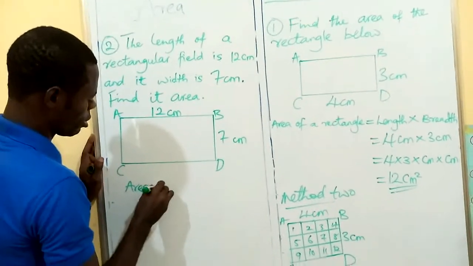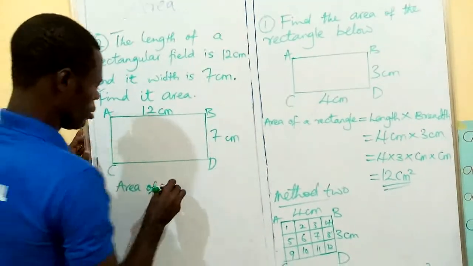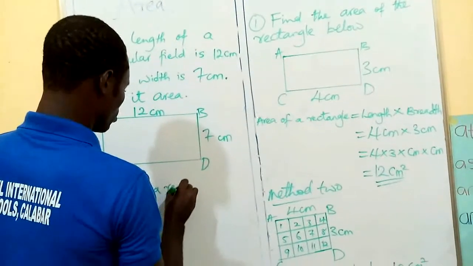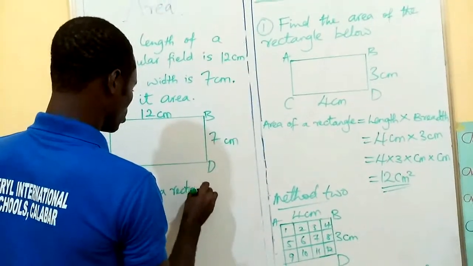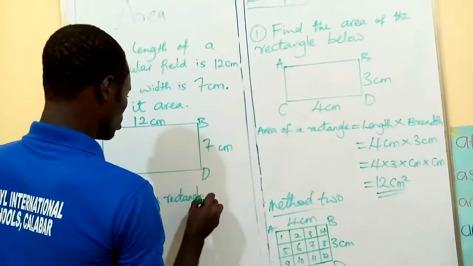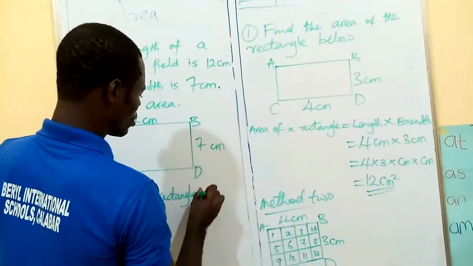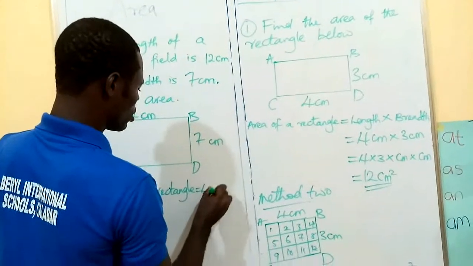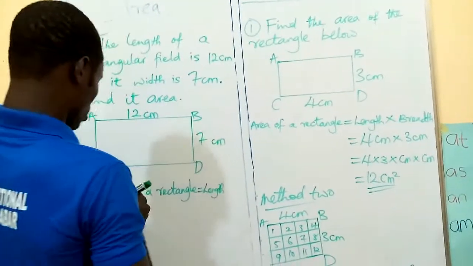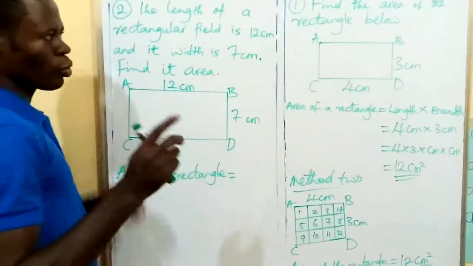Alright, area of a rectangle is equal to what? I guess you are saying length times what? Breadth. Area of a rectangle is equal to what?